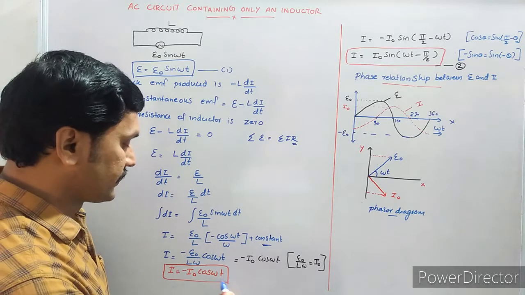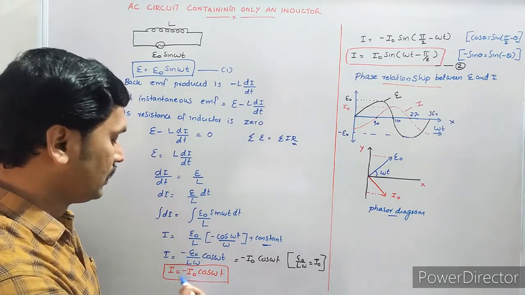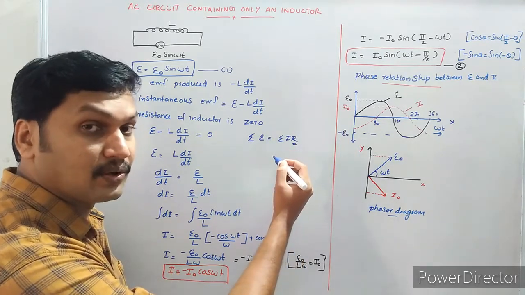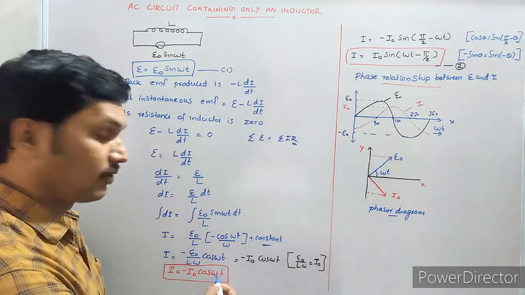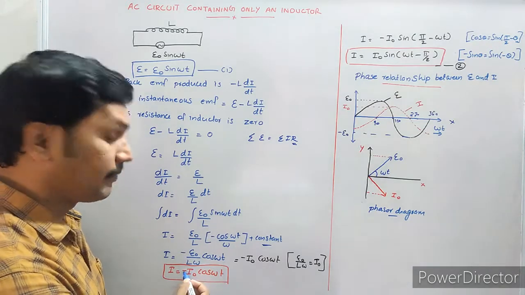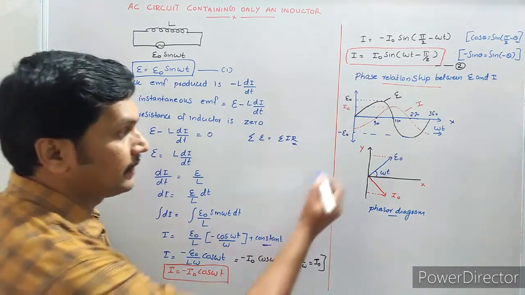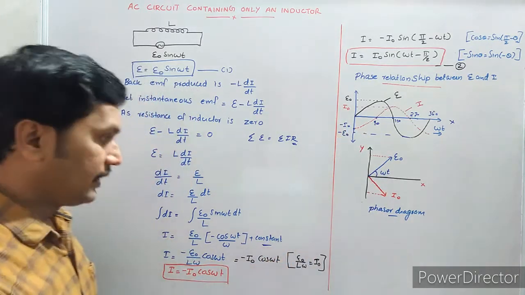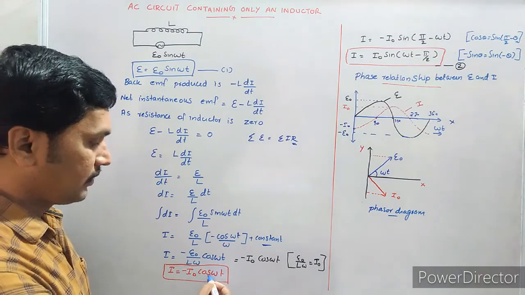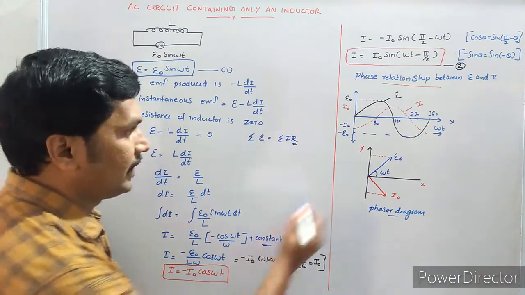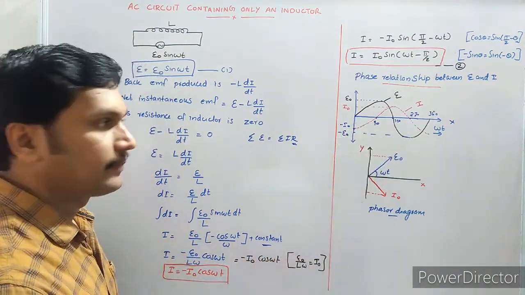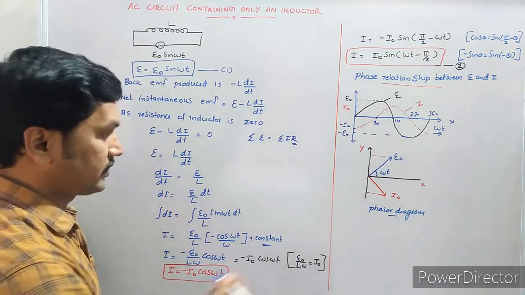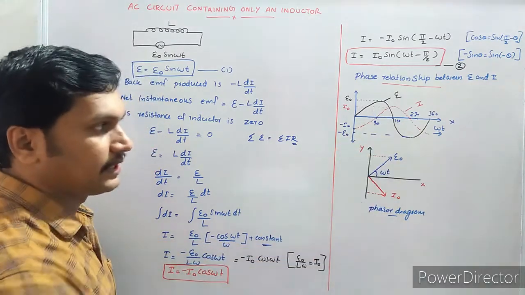When omega t is equal to 0, cos 0 is 1, with a minus sign, so I equal to minus I0. This is the current. When omega t is equal to 90 degree, cos 90 comes to 0. So this is the position of current.